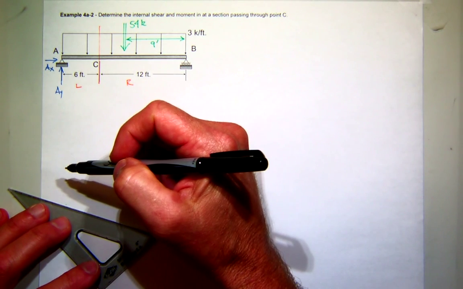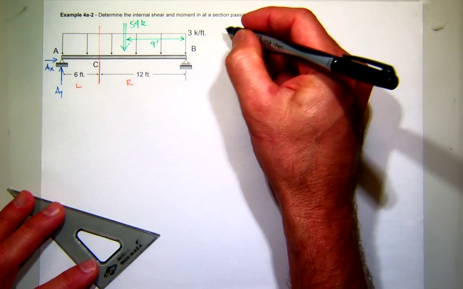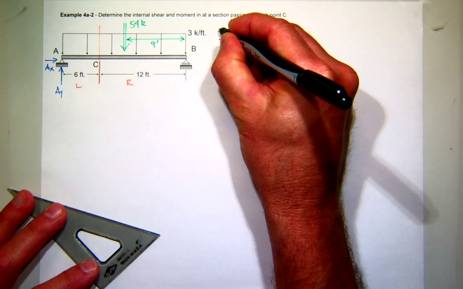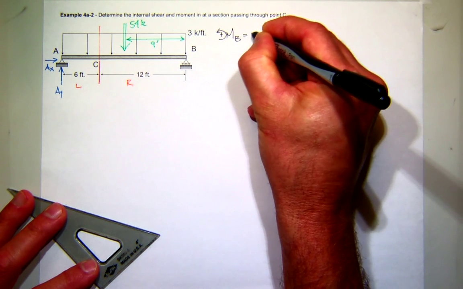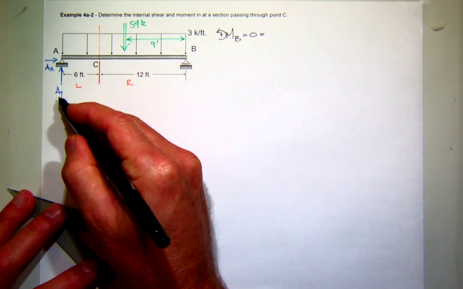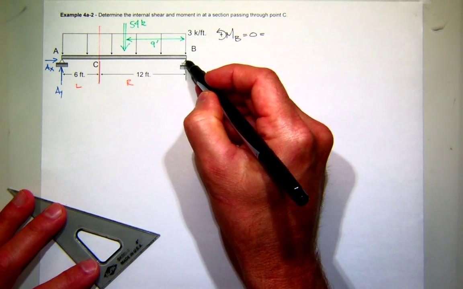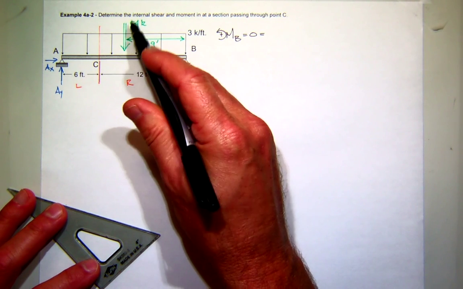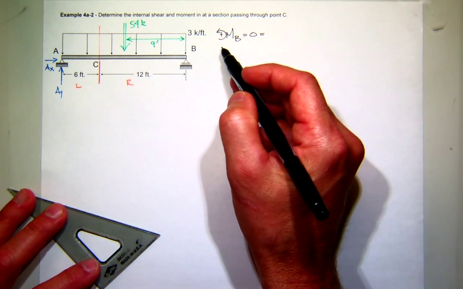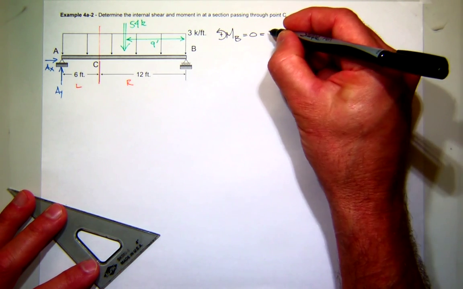Okay. So I'm going to come over here now, and I'm going to sum moments about B to find my reactions at A. About point B, using right-hand rule, my concentrated equivalent force of 54 creates what kind of moment? Positive.